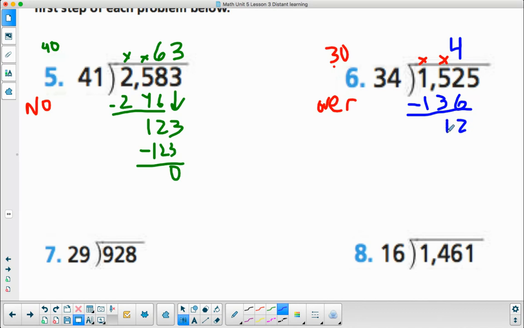Gives me 12 left. 12 is less than 34, so I'm good. Bring down my 5.